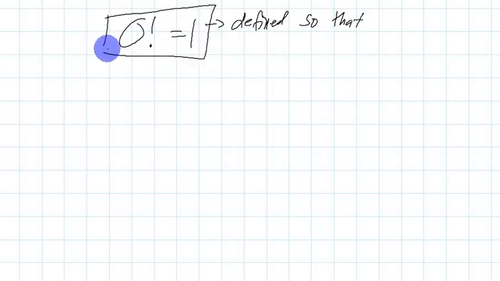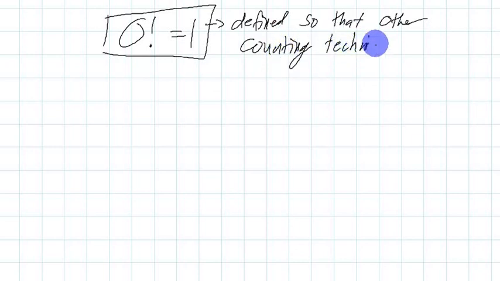This is really something that mathematicians said we have to use so that other counting techniques will work. So that the factorial notation will work, we define 0 factorial as 1. So these are the different things that we can use to shorthand a very long multiplication expression for our permutation through the factorial notation.